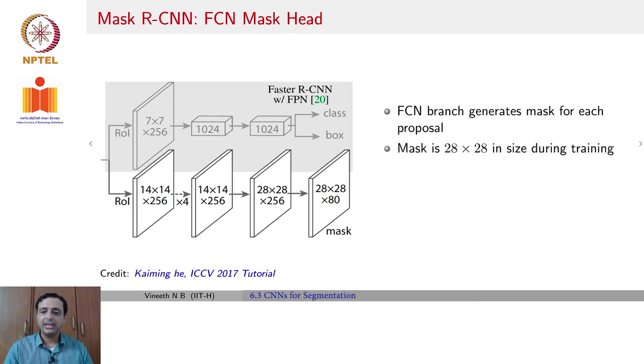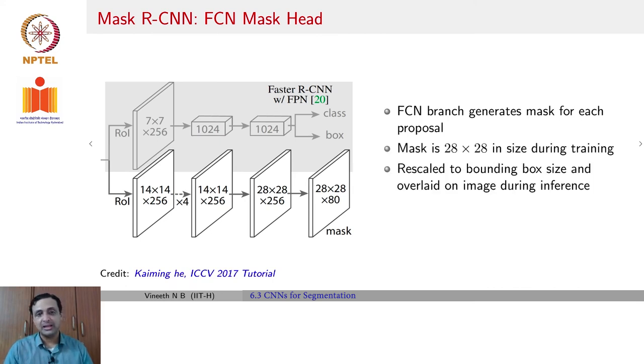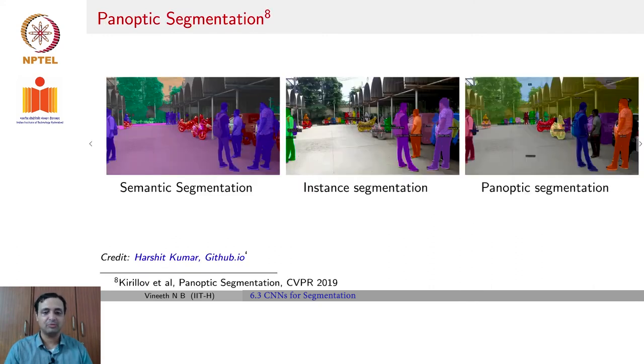For each ROI, the mask size is 28 cross 28, as you can see here. It's finally rescaled to the bounding box size and then overlaid on the image during inference. So this mask is obtained for every ROI and then finally overlaid back on the input image at inference time.